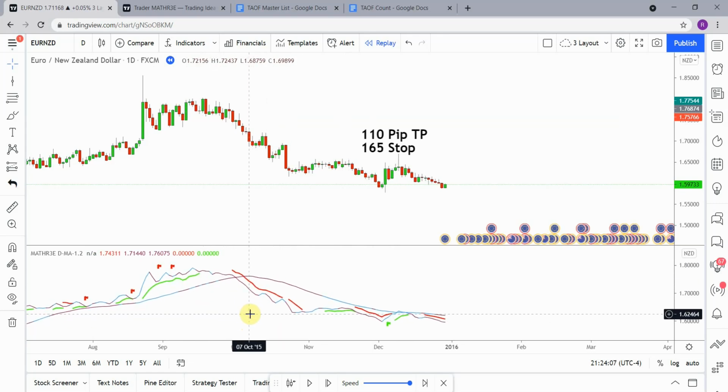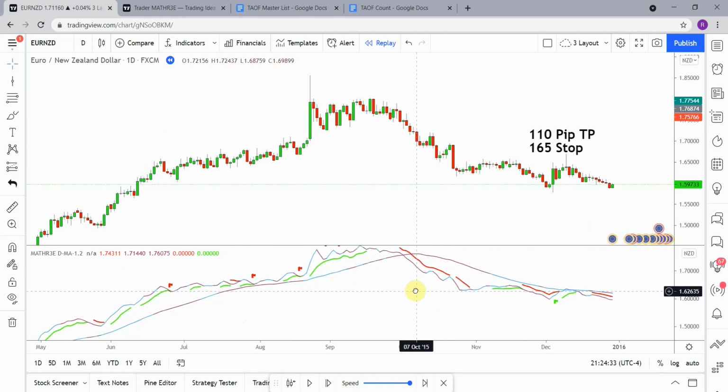What we are looking for is, when the red broken line appears, the faster of the lines, this one right here, to be below the slower of the two lines, and that's going to give us a short signal.